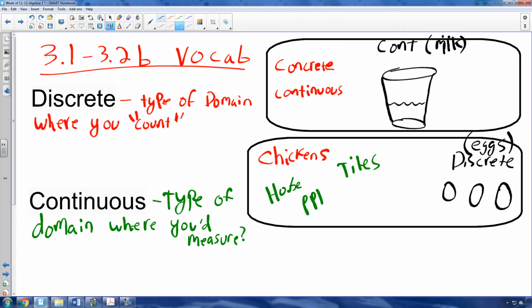Anybody? Yes? A track? That's a tricky one. Yeah, most liquids are continuous. That does help. Continuous is also something like your height. Your height is continuous, isn't it? Think about your height.